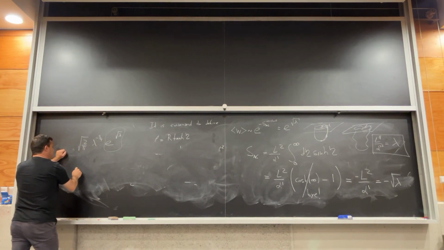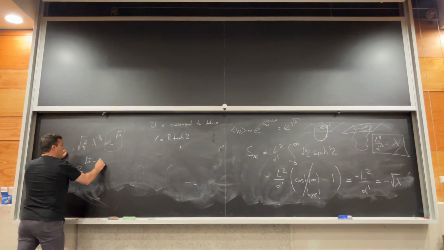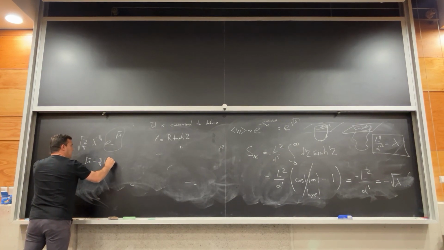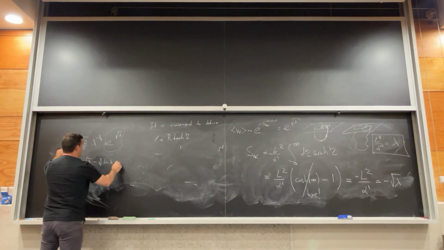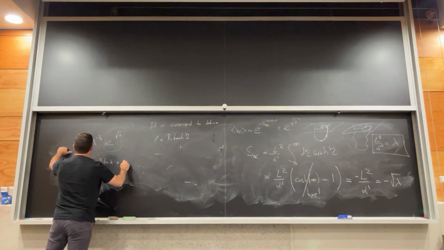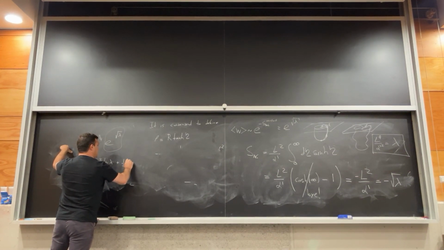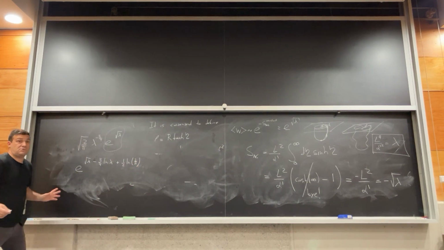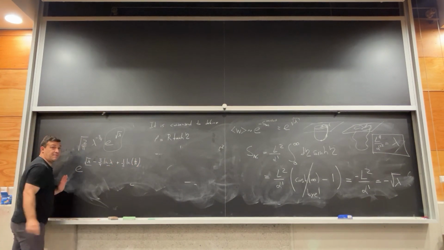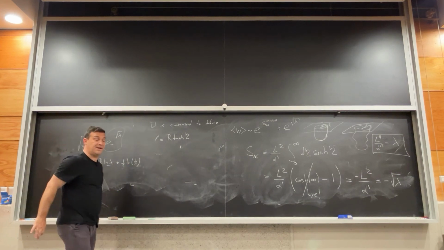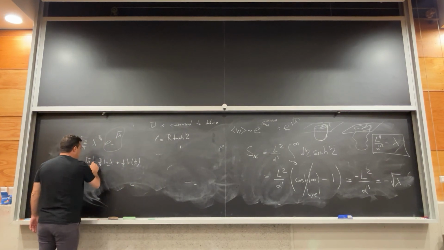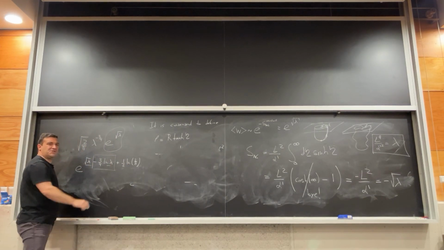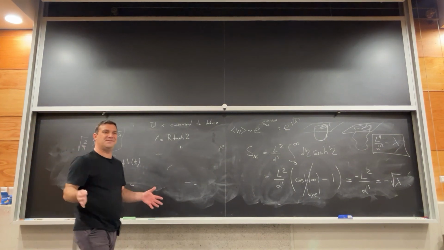The other way to see it is that this is e to the square root lambda minus 3/4 log lambda, and then plus 1/2 log of 2 over pi. Right? But when lambda is large, this is bigger than this. So that's fine. So we got the right answer. This is very complicated. This is topological, has to do with zero modes and things like that.